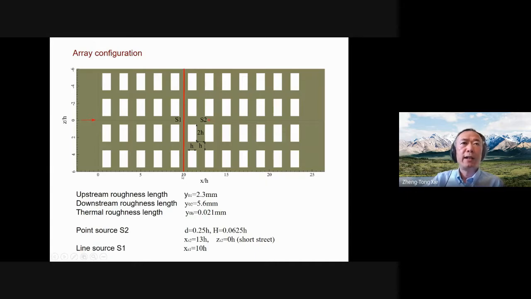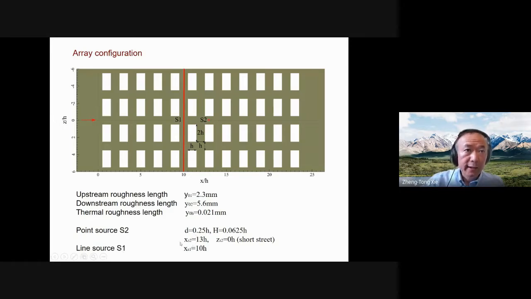Because it's much easier for data analysis and for the understanding of physics, because across the span, across the spanwise direction, they are homogeneous, and then you can do the spanwise average. So this can give you much better converged data than the point source data, right? So that's the reason we also did some line source simulations here.